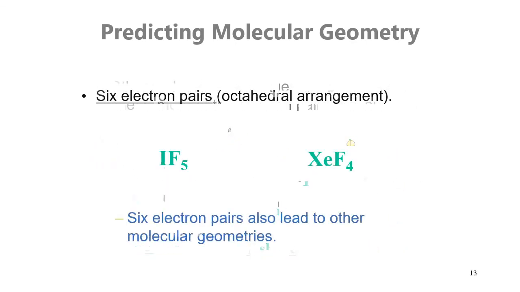Okay, last practice for this video. Let's predict the molecular geometry for octahedral arrangement for IF5 and xenon tetrafluoride. As mentioned in the previous video, 6 electron pairs lead to other molecular geometries.